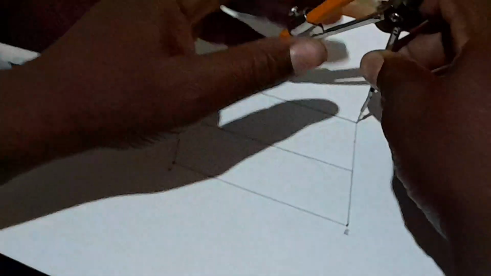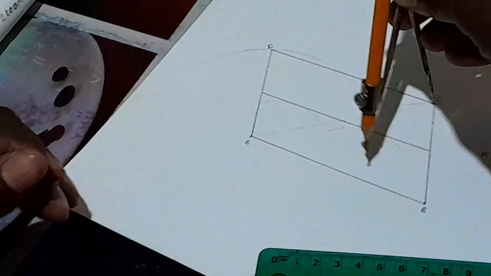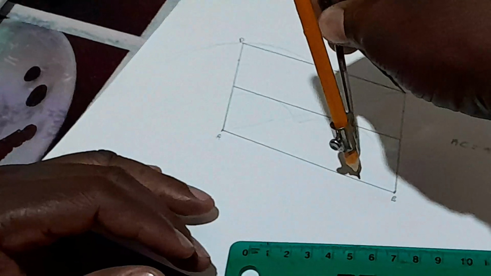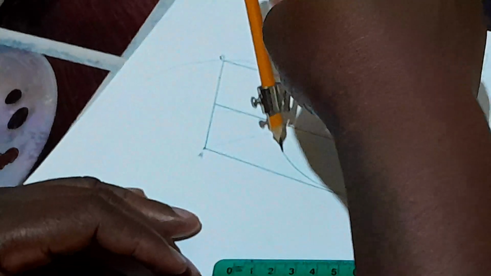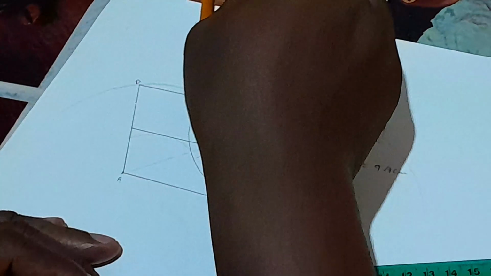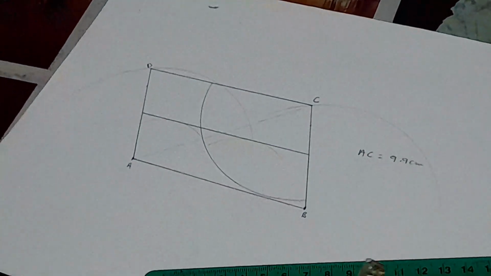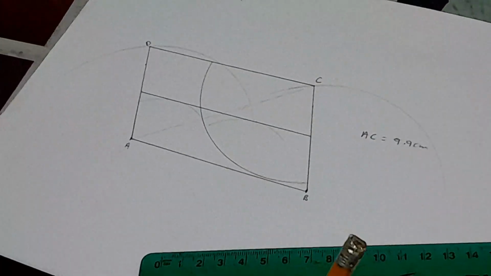They're saying this has to be constructed within the parallelogram. So we need to draw this within, and it shouldn't protrude beyond the confinements of the parallelogram. And we have done that one.